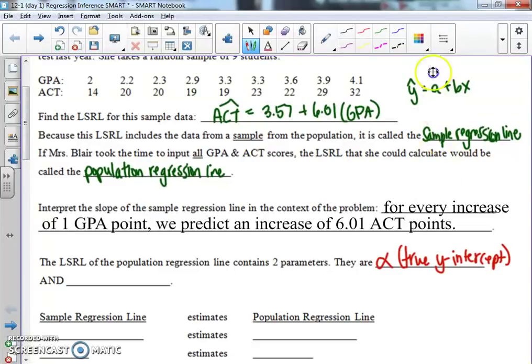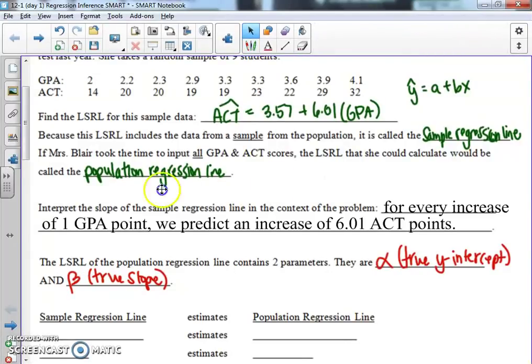If you look back at the formula I used up here, instead of using an A, we just use alpha. We call that the parameter, the true y-intercept of the population regression line. And then instead of B, maybe you can guess, we use beta. This is the Greek letter beta. This would be the true slope of the population regression line.